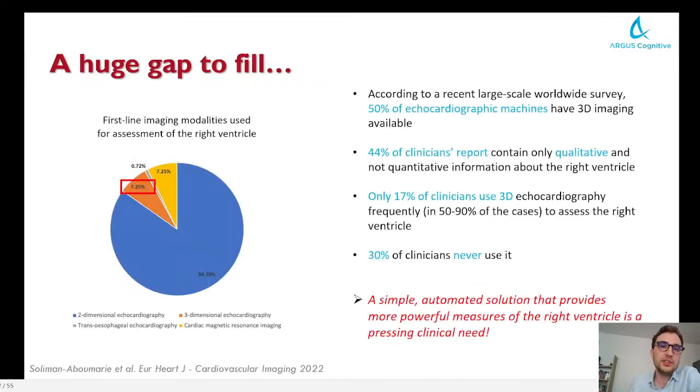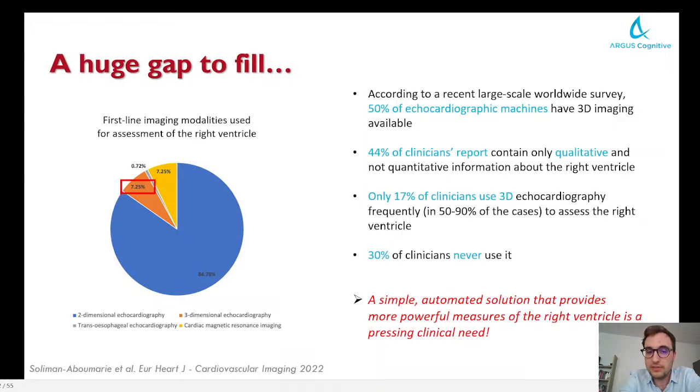There's still a huge gap to fill, because according to a recent worldwide study, only 50% of the echocardiographic machines are capable of three-dimensional imaging. However, I have to emphasize that the other 50% is nowadays a considerable proportion.